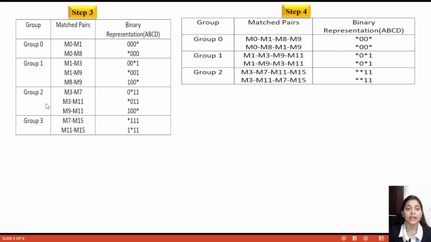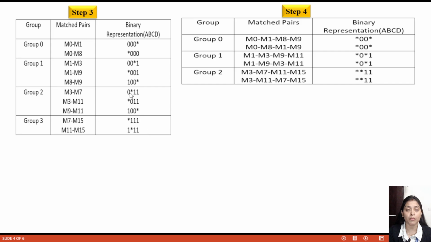Then again group 2 and group 3 comparison, that means M3 M7 and M7 M15 and M3 M7 M11 M15, then again M3 M11 M7 M15. In this way each and every component we have to compare with the other group component. Here you can see M3 M7 M11 M15: this is 0 star 1 1 and this is 1 star 1 1.